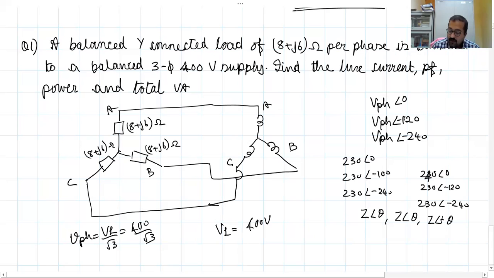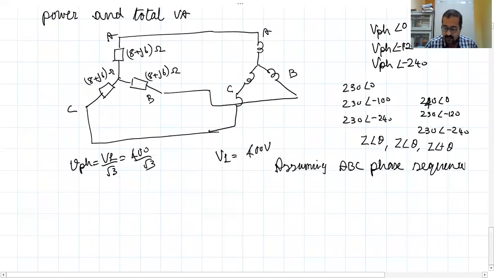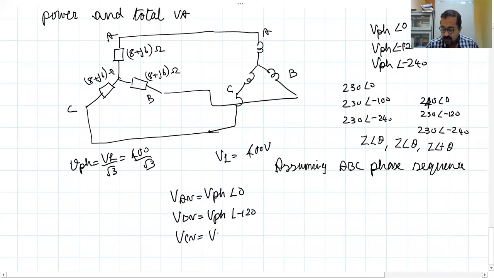Now we have to assume one of the phase sequences, so let us take the positive phase sequence, assuming ABC phase sequence. So VAN will be VPH angle 0, VBN will be VPH angle minus 120, and VCN will be VPH angle minus 240.